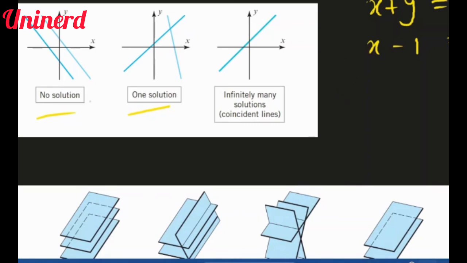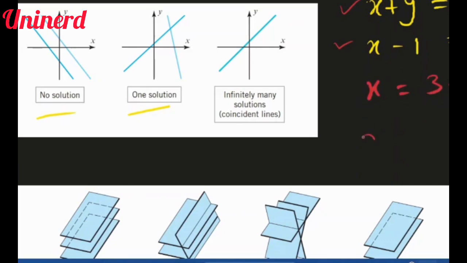One possibility is that we have exactly one solution. If we solve this system, both of these lines intersect at one point. We find that x equals 3 minus y.